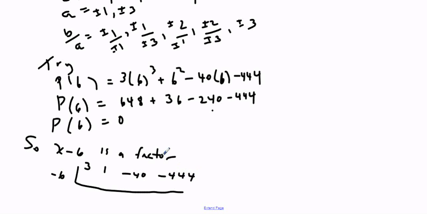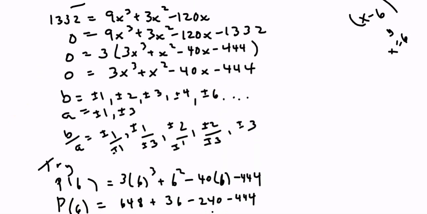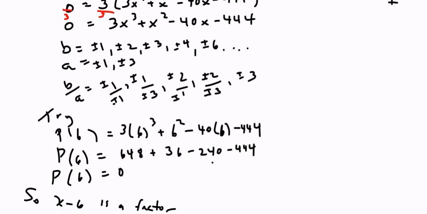Notice I'm using, not my original, but because I decided to divide by 3 at this stage, I just took this thing, I divided by 3 on both sides, and I made it a simpler function. That's what I'm going to go back now and divide into.